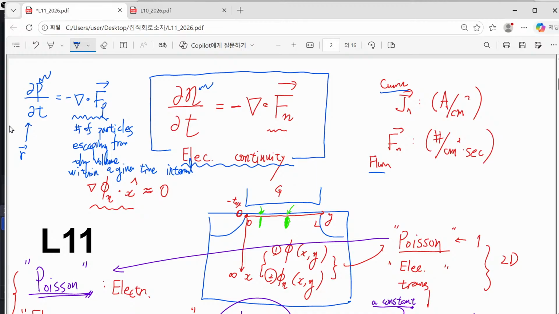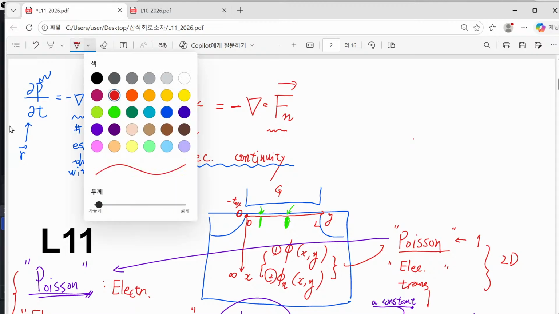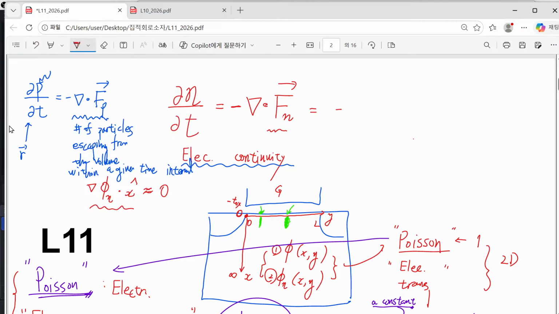So now we have to consider this quantity. Please try to make it more accessible to all of us. How can you convert it to a more accessible or more familiar form? Please try to make it in terms of Jn.